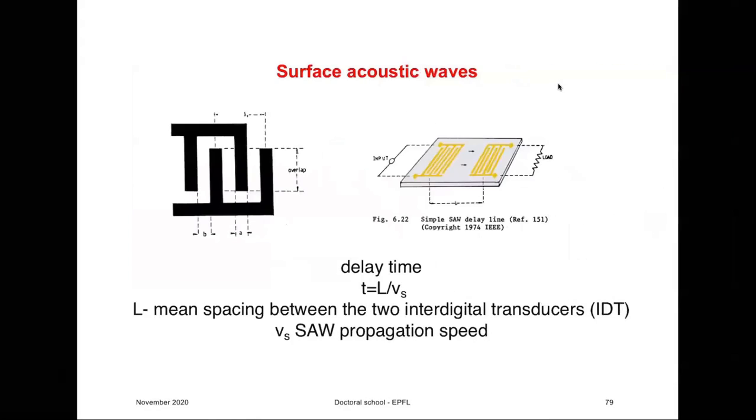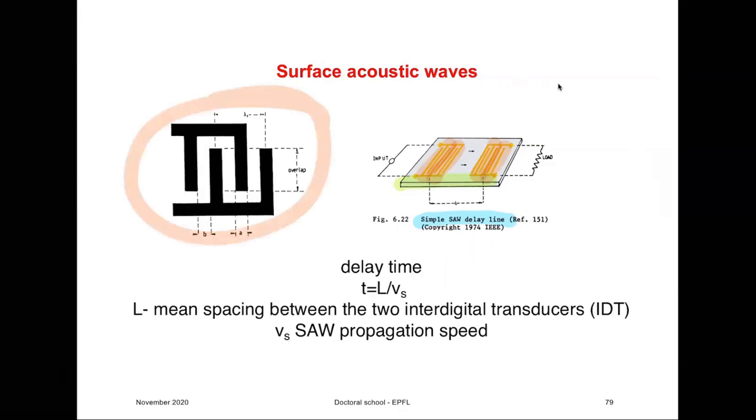So where is this used? There are many applications, and one of them is for so-called delay lines. They are widely used in communication devices. You have a piezoelectric material here, and you put on the top of that material interdigital electrodes like this.